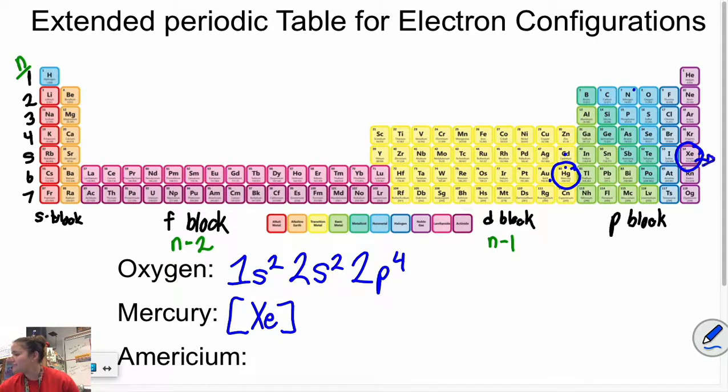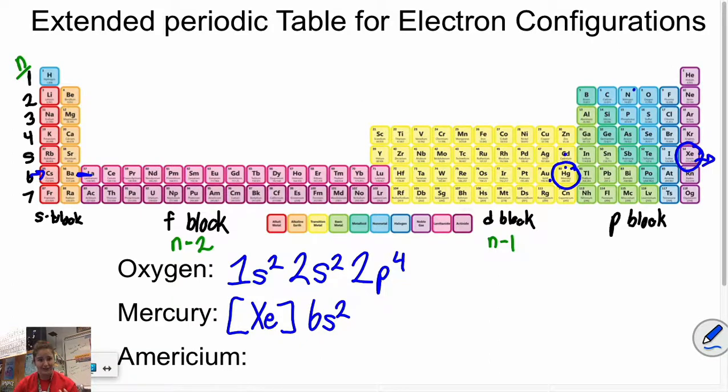So after xenon, we get down to row 6, the row where mercury is. So it's xenon, 6s2, and then we get into the F block. The F block always goes down 2 energy levels.